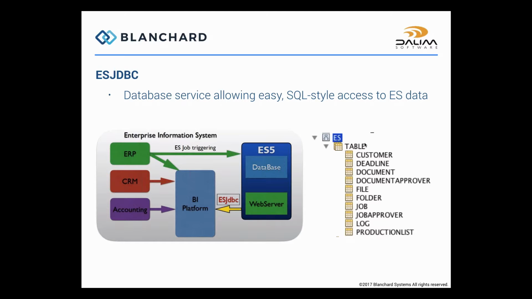So for example, you can see here on mine, you can see just basically some information about customer, deadline, who approved a file, job information, system logs. You can get some of that basic information and use that, for example, if you wanted to use it with a business integration platform, or if you wanted to use that in, for example, maybe like Crystal Reports or a reporting service.